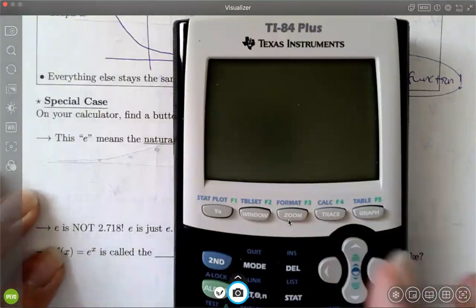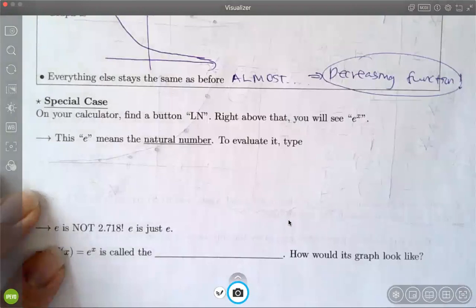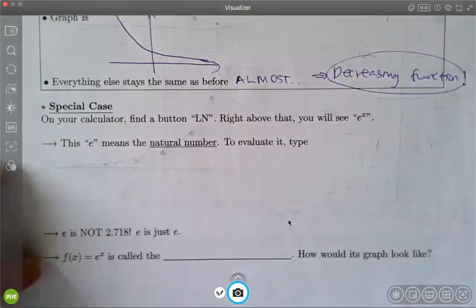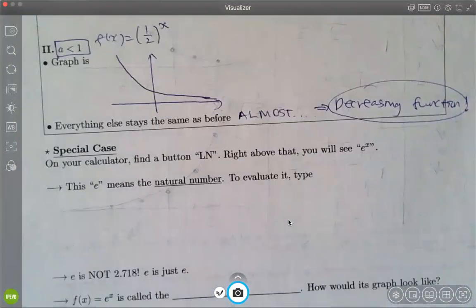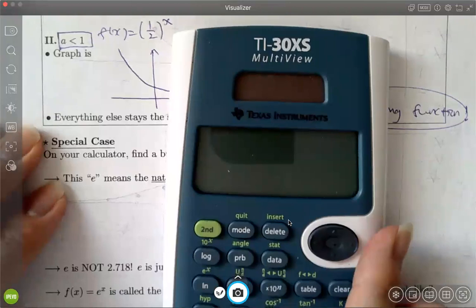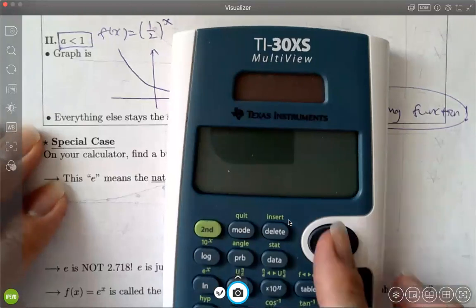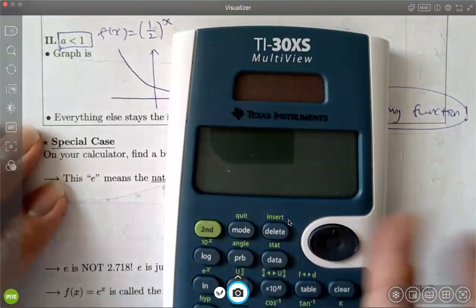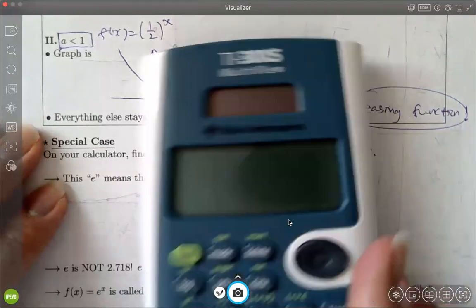I'm not the guilty one. And if you have this calculator, this one is a scientific calculator, which means a non-graphing calculator. So this is a whole lot cheaper than the graphing calculator.